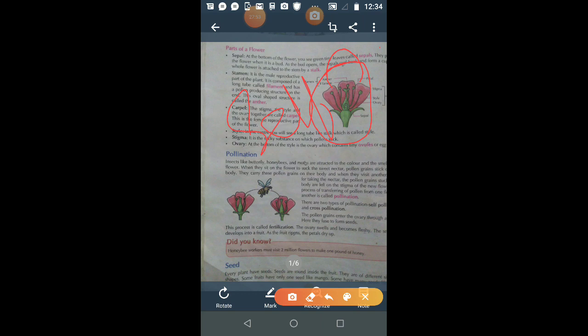Flowers are different, but the plant is the same. So such a type of pollination is also known as self pollination. I hope you are able to understand what self pollination is.